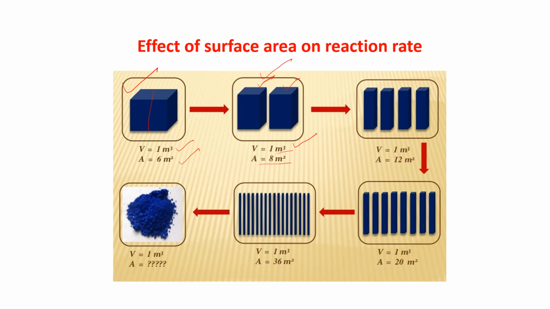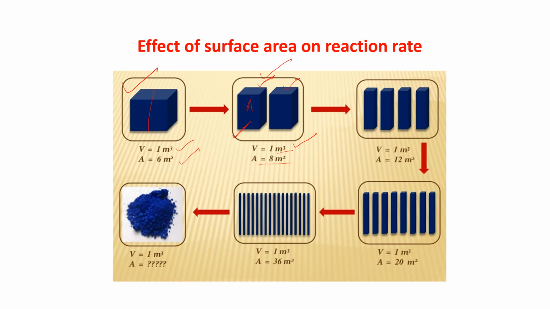But the surface area of this particular part, it is not a cube now, comes to how much? Two sides have 1 into 1, so it is 1 meter square, length and breadth 1, 1.